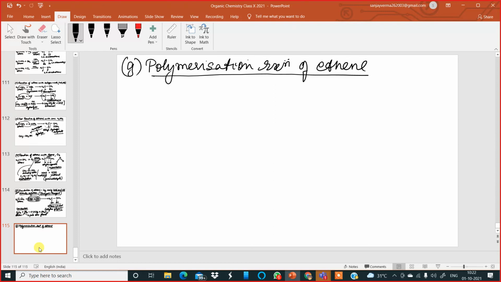So here, if I take n, a large number, n means any higher number, more than 5, 6, 7, 10, 20, 30, like that.